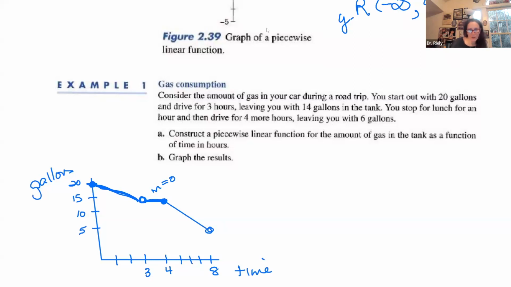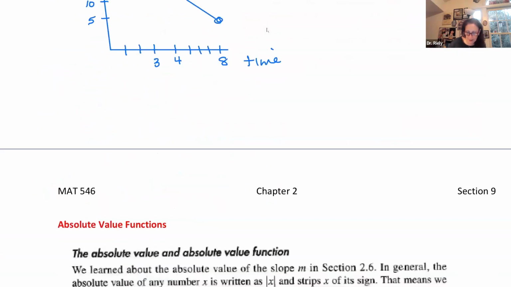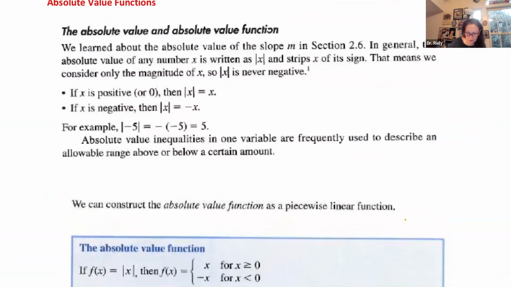And the other 2 are linear functions that have downward sloping graphs because it's negative because you're losing gallons as you drive. So that's just a little example of how you can think about piecewise. And really, this works for kind of any level of student. You can talk about driving and what's in the gas tank and that kind of stuff. So that's your little introduction to piecewise. And then we're going to do some more piecewise.